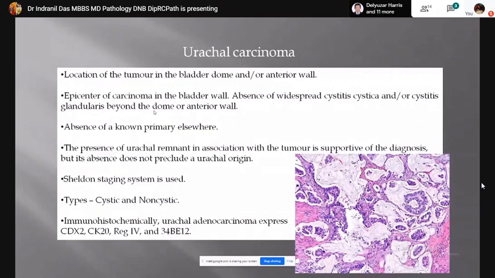The presence of urachal remnant in association with tumor is supportive for the diagnosis. Sheldon staging system is used. Morphologically, two types of urachal carcinoma are seen, that is cystic and non-cystic variety. Immunohistochemically, the urachal adenocarcinoma expresses CDX2, CK20, REG4, and 34 beta E12.